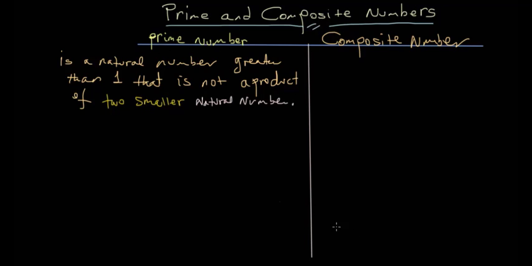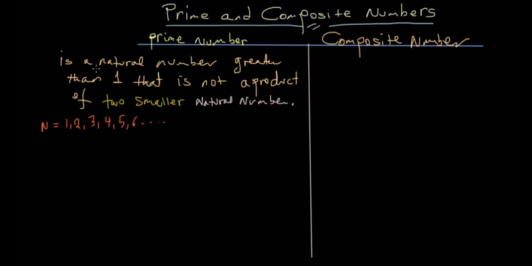In this explanation, a prime number is a natural number. Natural numbers start from 1, and then 2, 3, 4, 5, 6, and they just continue.